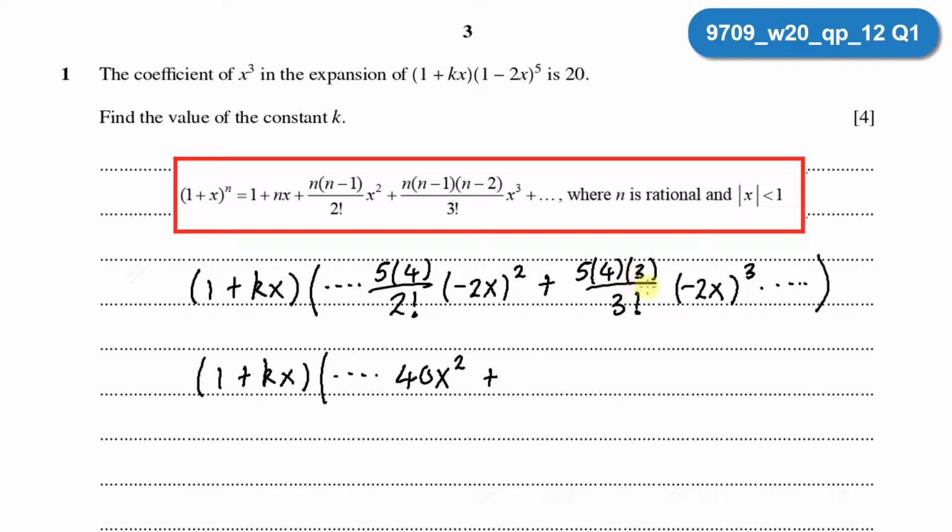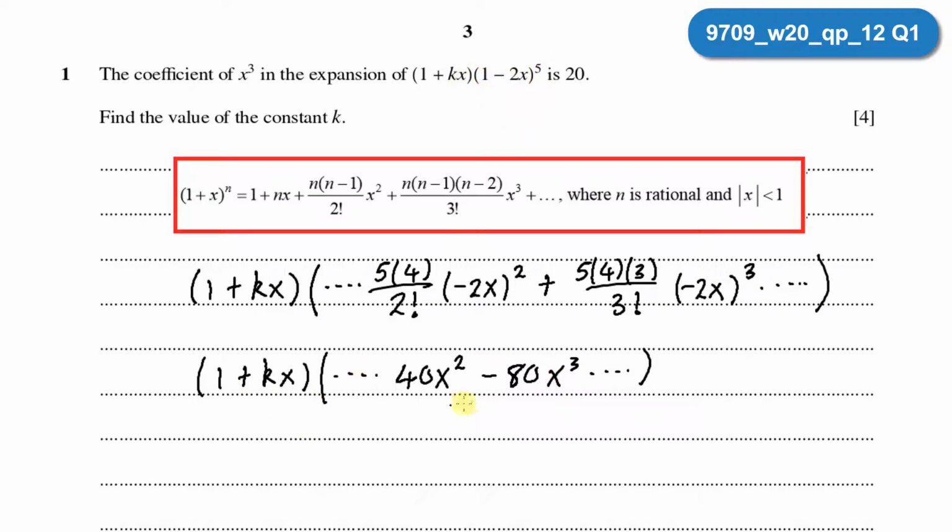So we get 10 here, and 10 times minus 2 cubed, which is minus 8. We get minus 80, so it's minus 80x cubed. So these are the terms in x squared and x cubed in the binomial expansion of 1 minus 2x to the power of 5.